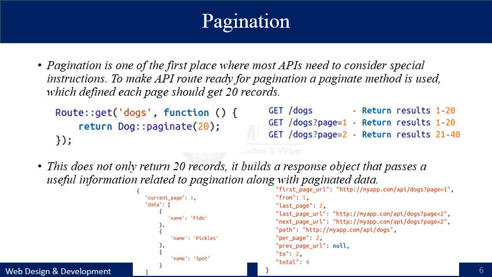You can also use pagination in REST APIs, and pagination is the first place where most APIs need to consider special instructions. To make an API route ready for pagination, a paginate method is used, which defines that each page should have 20 records.